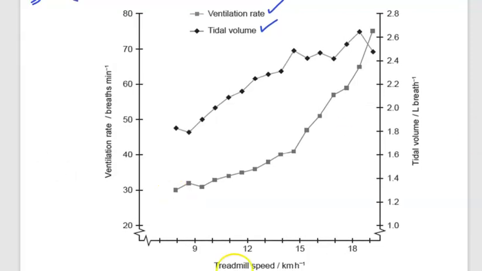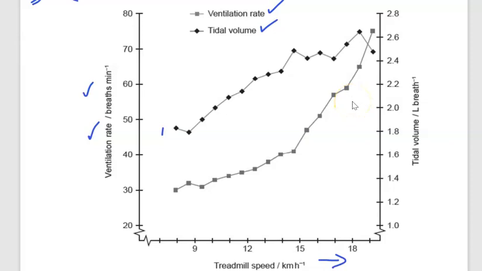Okay, so along the base, along the x-axis, we have treadmill speed. So clearly this has been done at a number of different speeds of the treadmill. And the ventilation rate is on the left-hand side of the y-axis with breaths per minute.